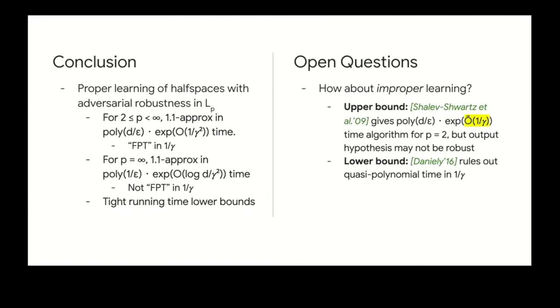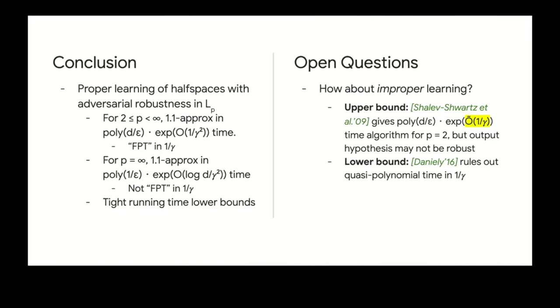For example, Daniely actually shows a lower bound for improper learning of half spaces, but the running time lower bound itself is only quasi-polynomial in 1 over the margin. Which is very far from exponential in 1 over the margin square that we know. So it would be interesting if we can somehow push this lower bound forward.